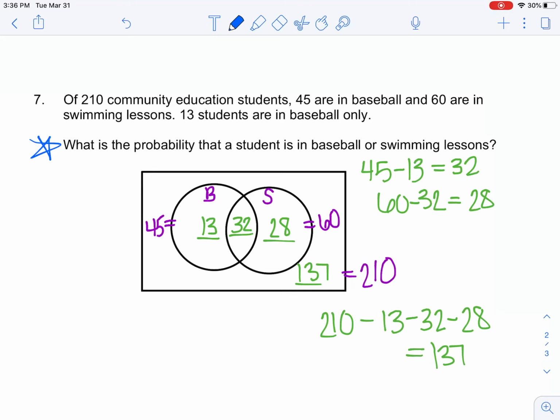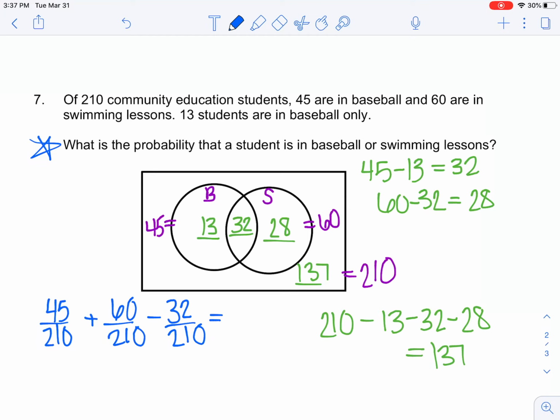So the probability that a student is in baseball is 45 out of 210, plus the probability a student is in swimming lessons is 60 out of 210, and then subtract our overlap, which was 32 out of 210.